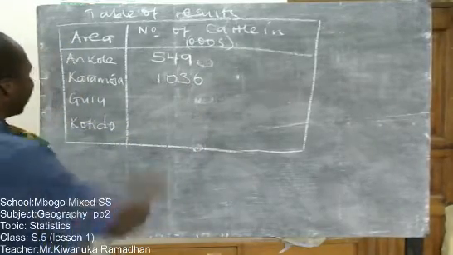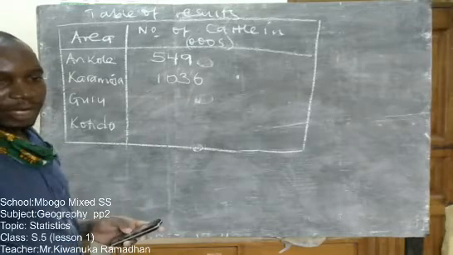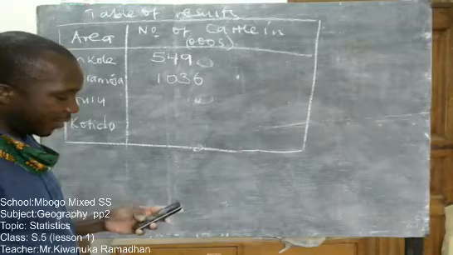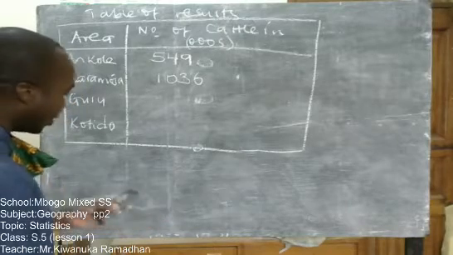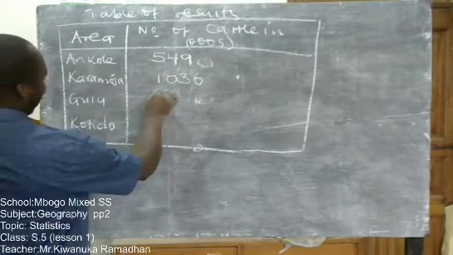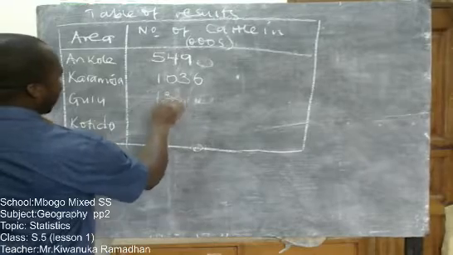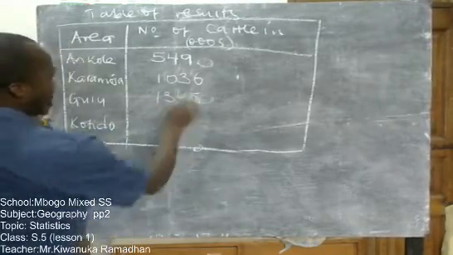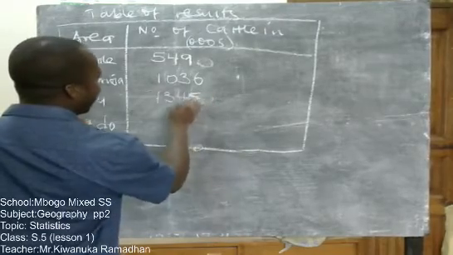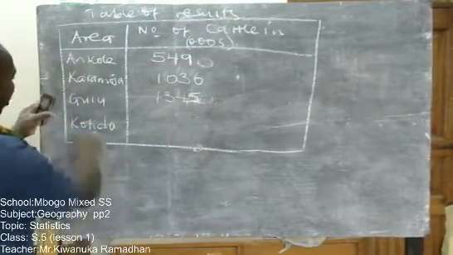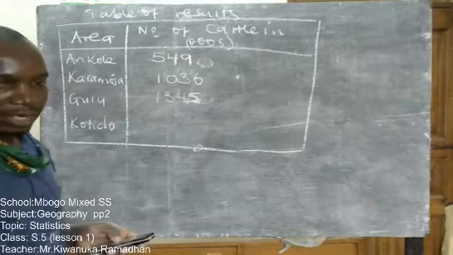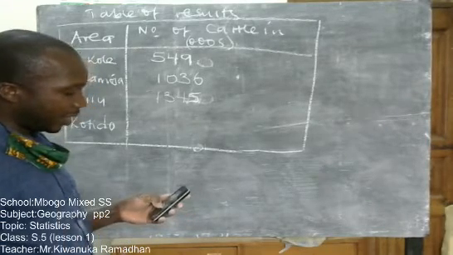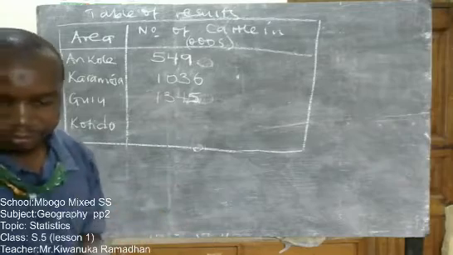To 1036, we add on the value of Gulu, and Gulu has 309, to give us 1345. To 1345, you add on Kotido, and Kotido has 201, to give us 1546.